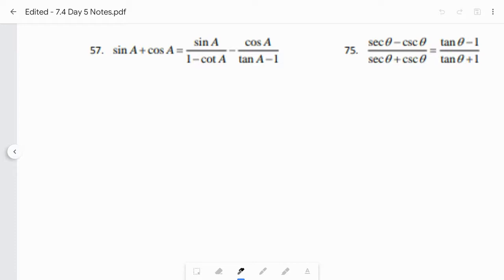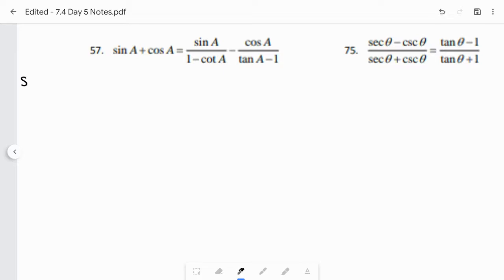Okay, so we have sine of A plus cosine of A equals sine of A over 1 minus cotangent of A, minus cosine of A over tangent of A minus 1. So this time the right-hand side is more complicated. So our first step is going to be to rewrite this with sine and cosine.